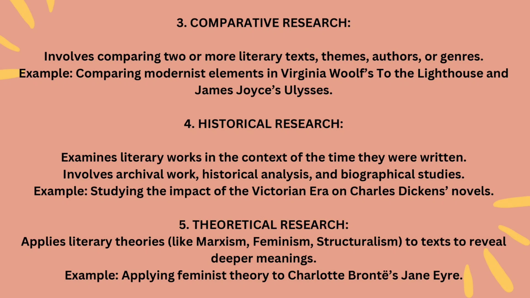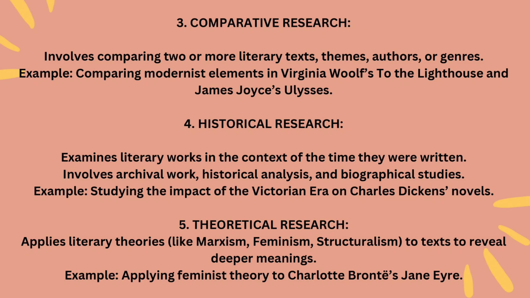These are modern texts, and in this kind of research we compare the modernist elements presented in both works, and we can develop some new points that had not been discovered yet. So this is research which consists of comparing elements, genres, or characteristics.